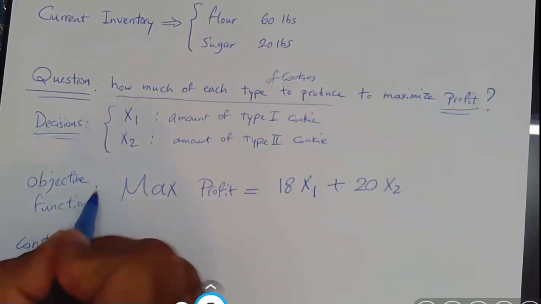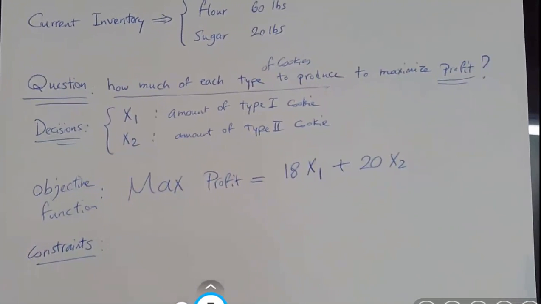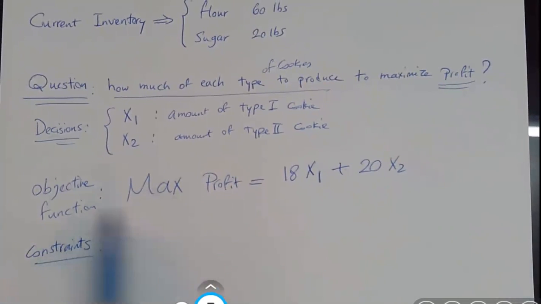Considering the constraints will make sure that we are not making unreasonable, or infeasible, decisions. We want our decisions to be reasonable. We want them to be feasible, possible to implement.